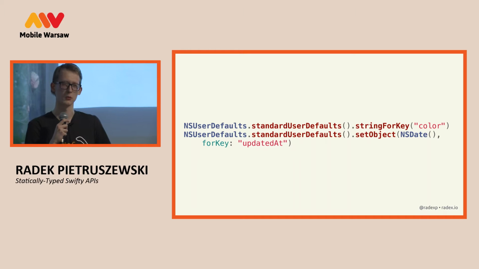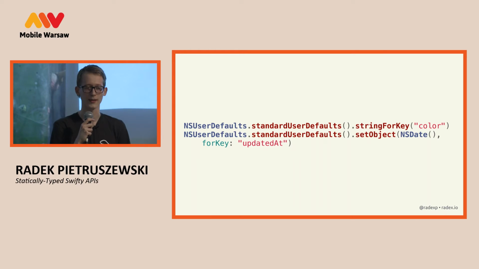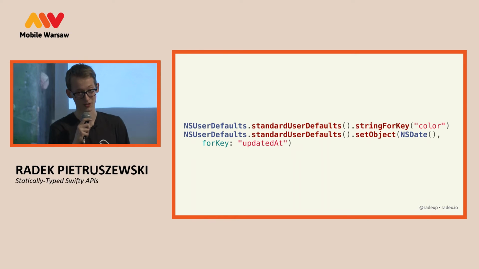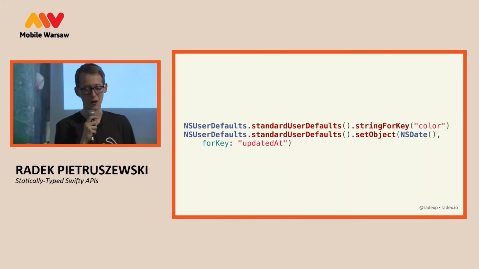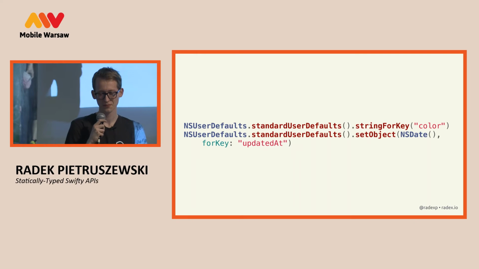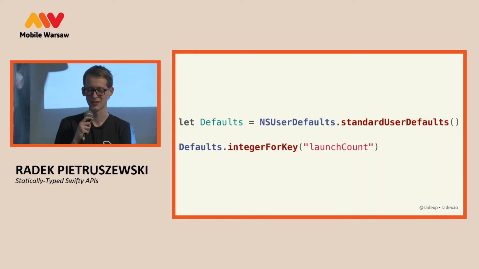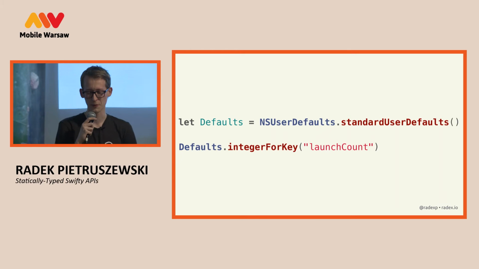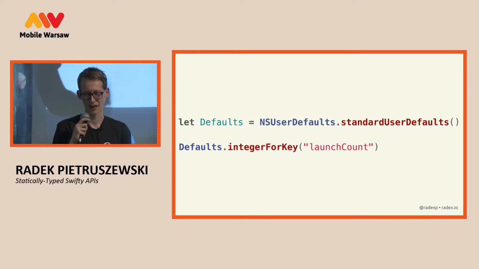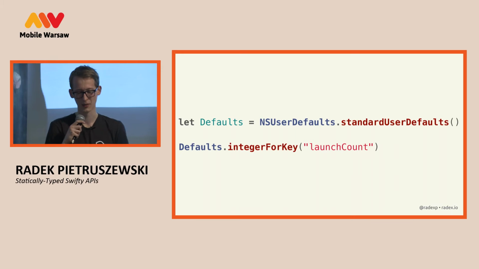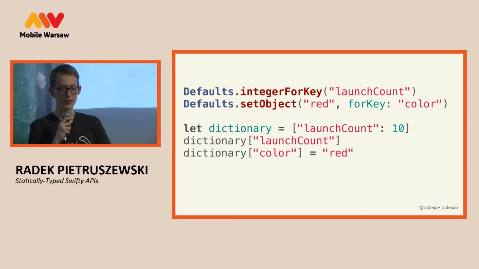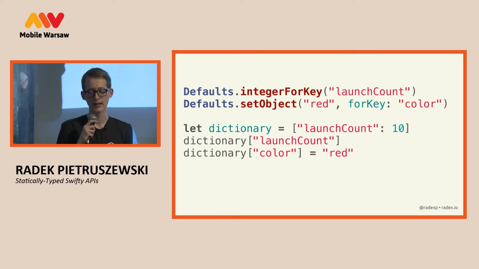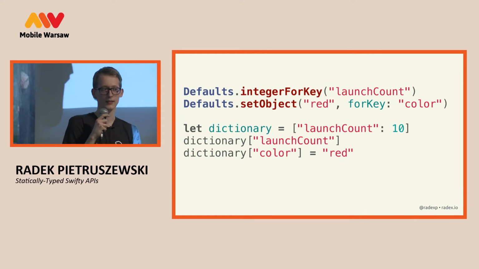I first was looking at this API thinking how I can Swiftify it. The first thing I wanted to do is, okay, I just hate writing NSUserDefaults.standardUserDefaults. If I'm going to use a singleton, let me just have a better shortcut for it. But what really frustrated me about NSUserDefaults is that it really is like a dictionary.